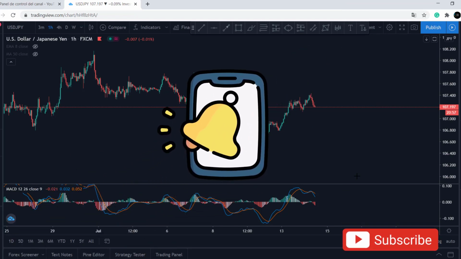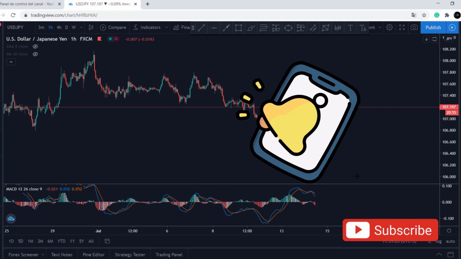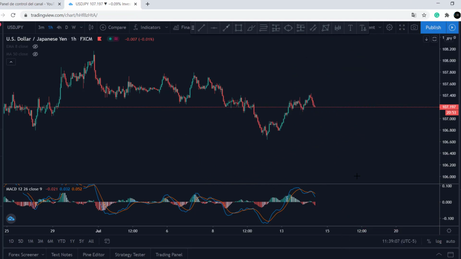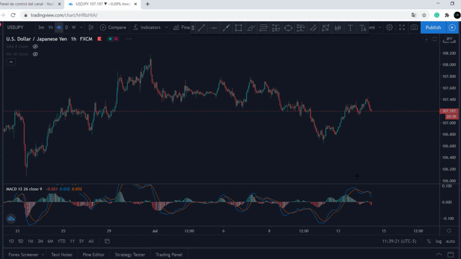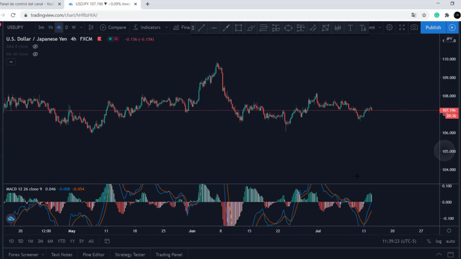After that we find support, resistance, and trend lines, and then use candlestick patterns in combination with this indicator, MACD, alright? So we get good signals for buy or sell. So let's go, we are going to the 4 hour chart to find the conditions of the market.